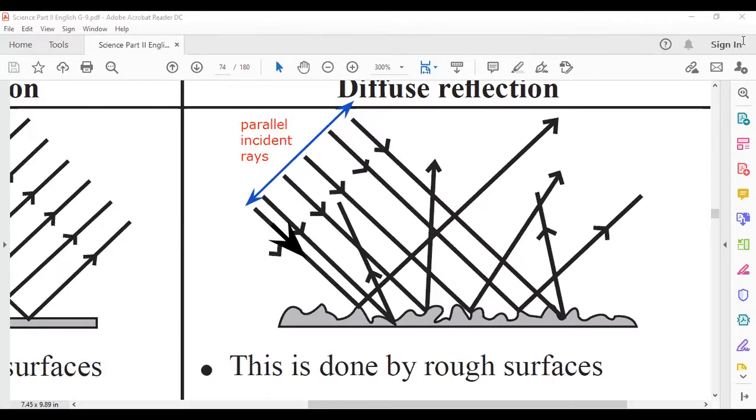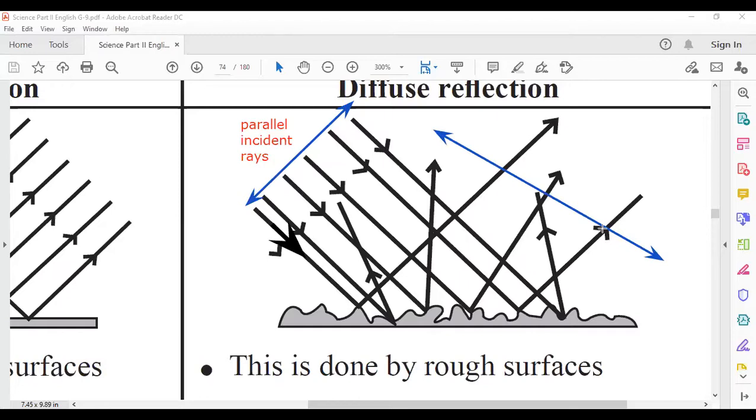Right. If you now come to this one, here we can notice the different component. What kind of rays are these? Diffused. I have told one word, diffused.